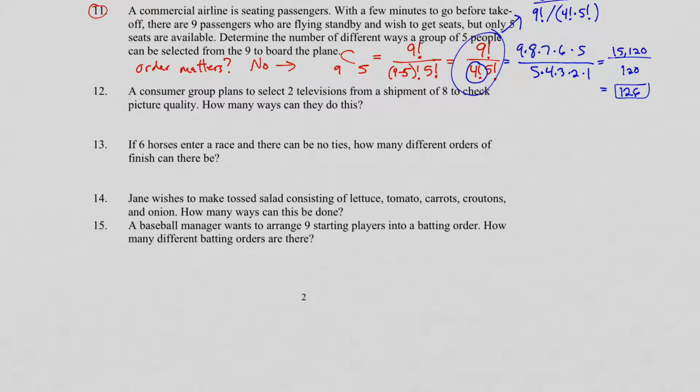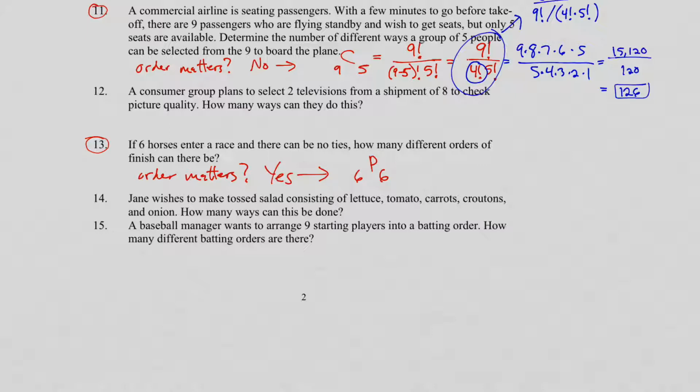Okay, number 13. So number 13, we talked about this one already. Order does matter in a race, so that's permutation. So 6 horses, 6 horses, and we're using all 6 horses.